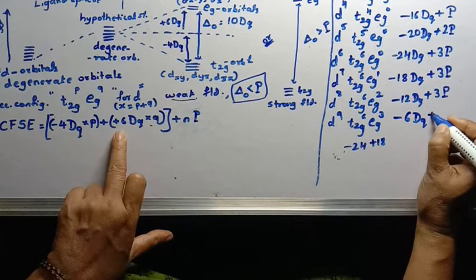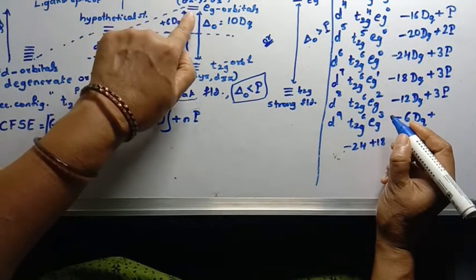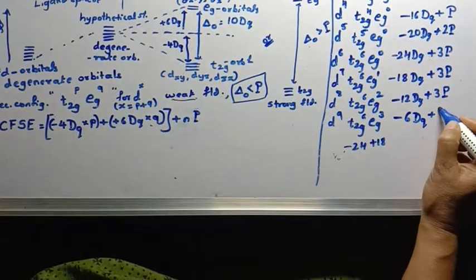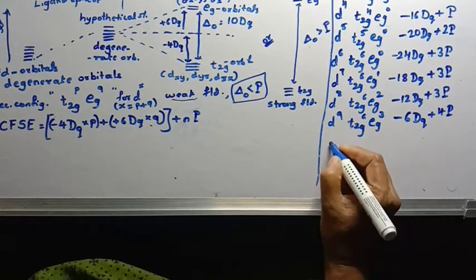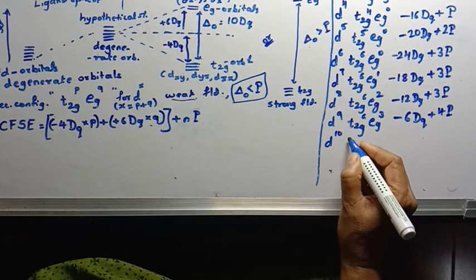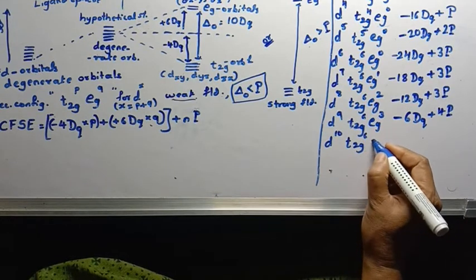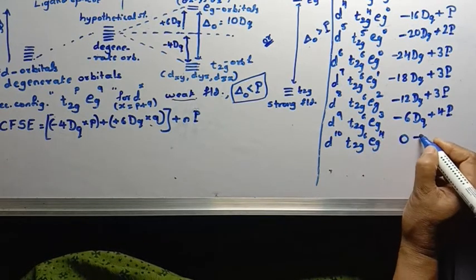Now the 3 electrons entering Eg, there are only 2 orbitals, so 3 means 1 has to be paired. Therefore the pairing is increased. And the last one, D10, is completely filled, T2G raised to 6 and Eg also completely filled, and 0 plus 5P.